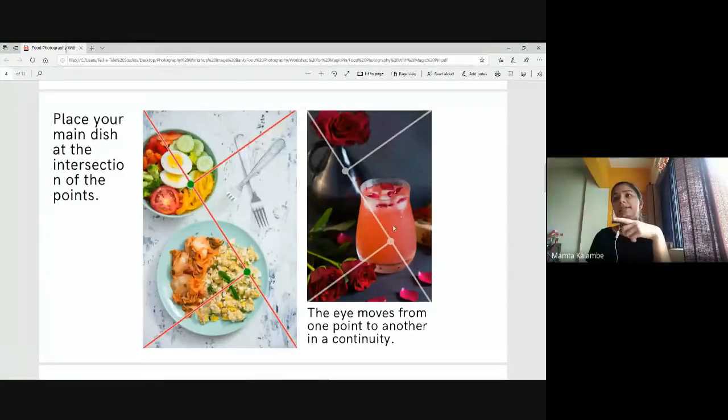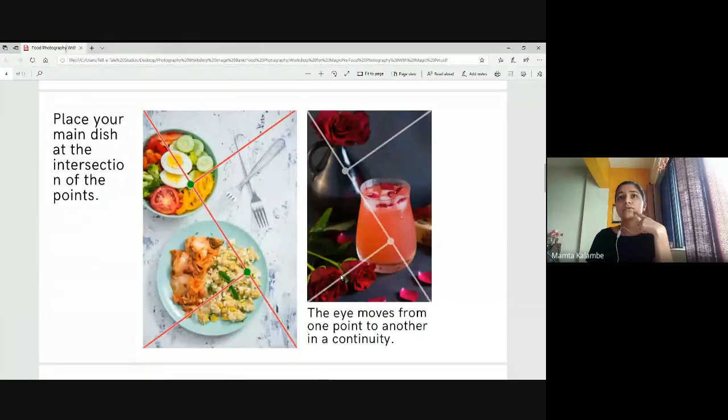And then there's another image. This is a flat lay on the left, and the other image that you see, the drink one with the roses, is a vertical shot. This is basically a 45-degree angle that we have shot at. We'll look at the different angles that you can shoot at later. But these are two examples to understand what this is.